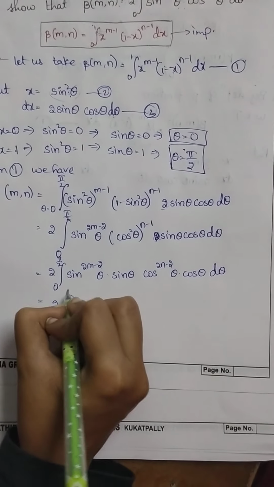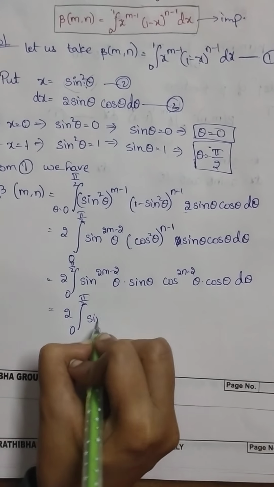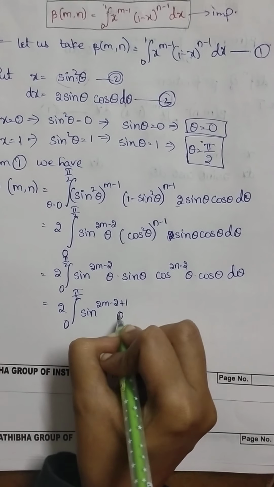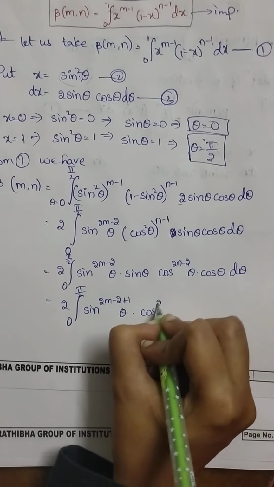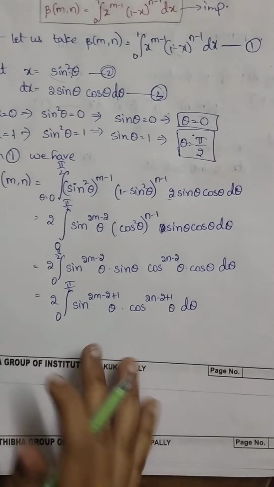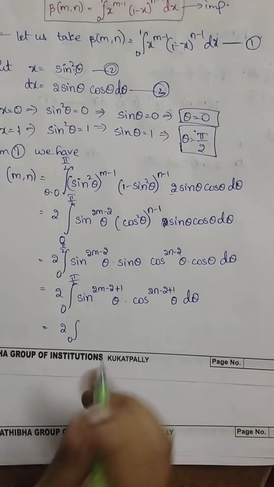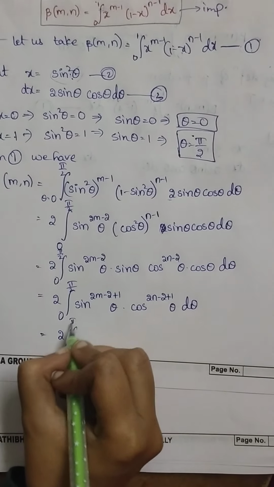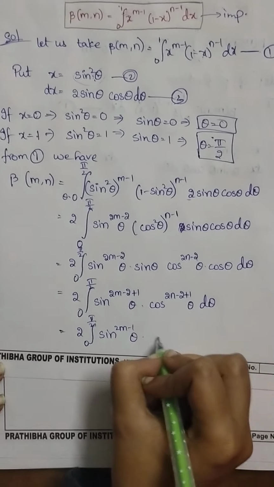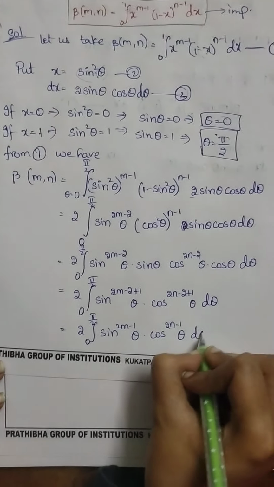2 into integral 0 to pi by 2 sin power 2m minus 2 plus 1 theta into cos power 2n minus 2 plus 1 theta d theta. Now we get 2 into integral 0 to pi by 2 sin power 2m minus 1 theta into cos power 2n minus 1 theta d theta.